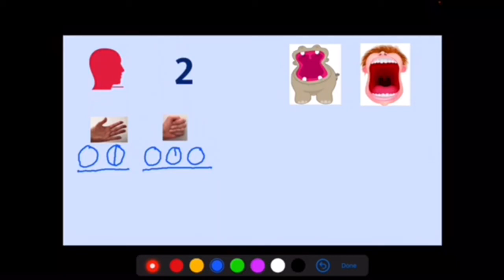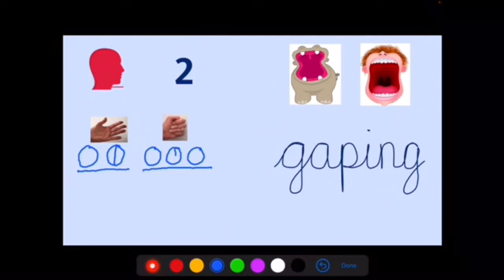Now that tongue right at the back of my mouth tells me I've got to think about this when I write the letters I need. Gay, ping. Did you spot it? Gay was an open syllable. Ping, I could hear ng, and that means I need an N and a G.